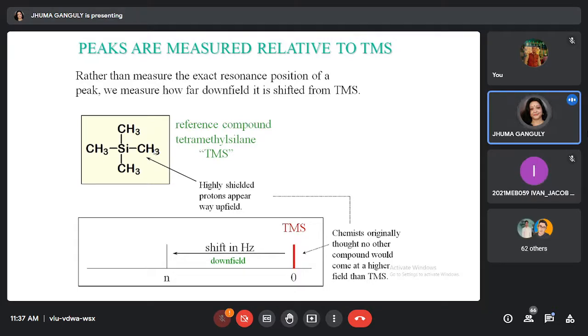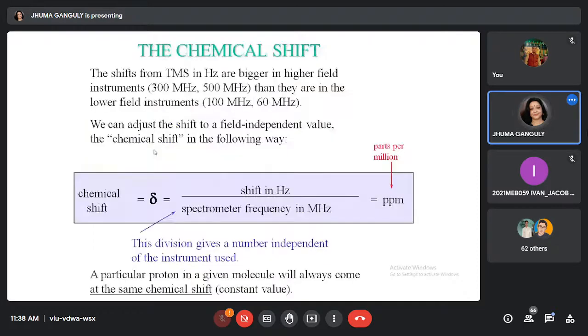That means they resonate later because they are not at the same energy level. When the applied magnetic field reaches the deshielded energy level, it will resonate, and the NMR peak will come. Is it clear?